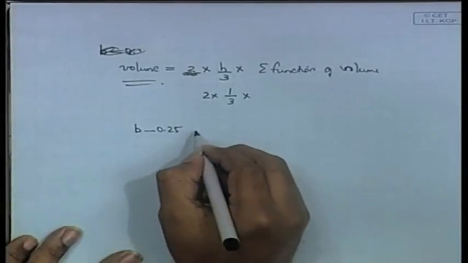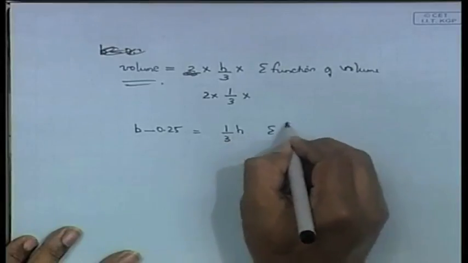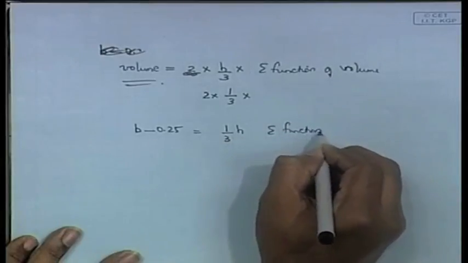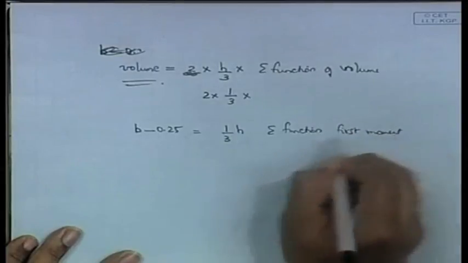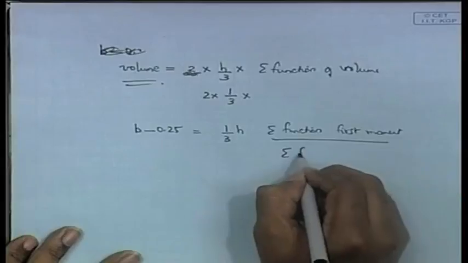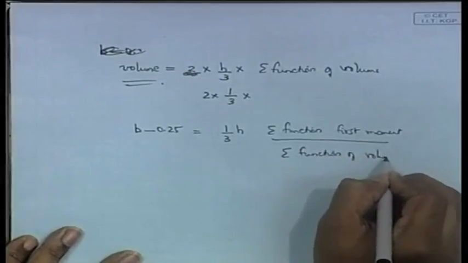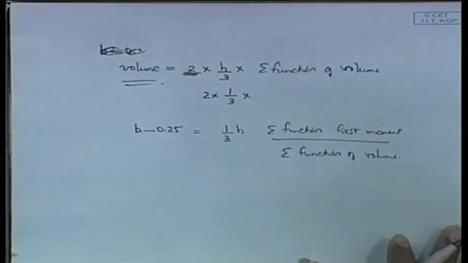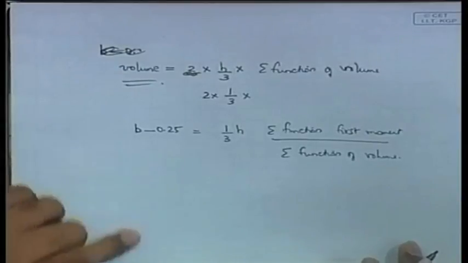B minus 0.25 is equal to 1 by 3 h into sigma function of first moment divided by sigma function of volume. So what you are getting here is some B. Now to get the real B of that, let me look at the figure here.